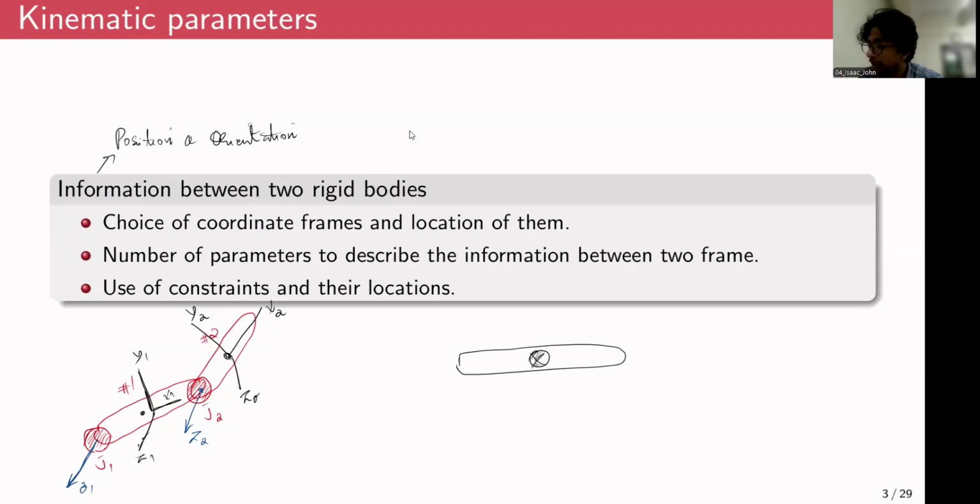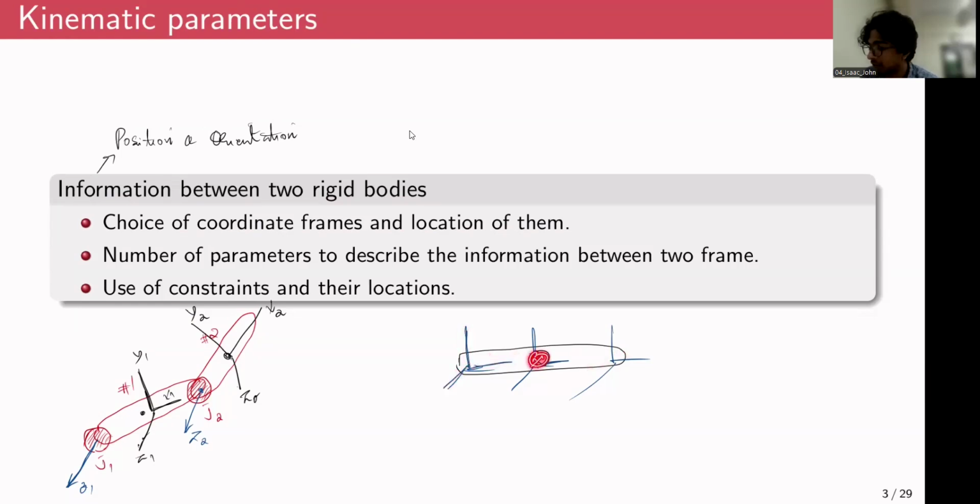You can attach a coordinate frame anywhere on the rigid body, probably at the proximal end, or maybe at the center of mass. But a rigid body should only require a single coordinate frame that moves with the rigid body, so that any point within the rigid body can be mapped to the frame of reference.